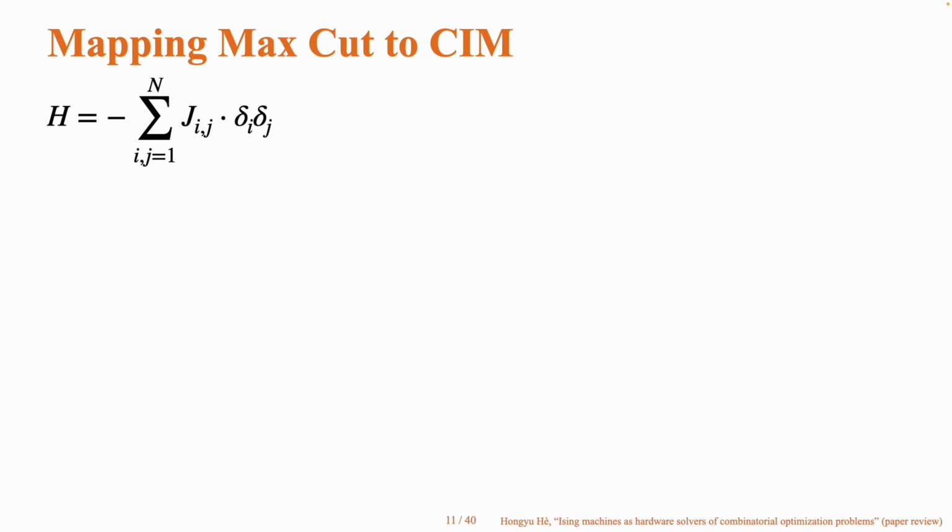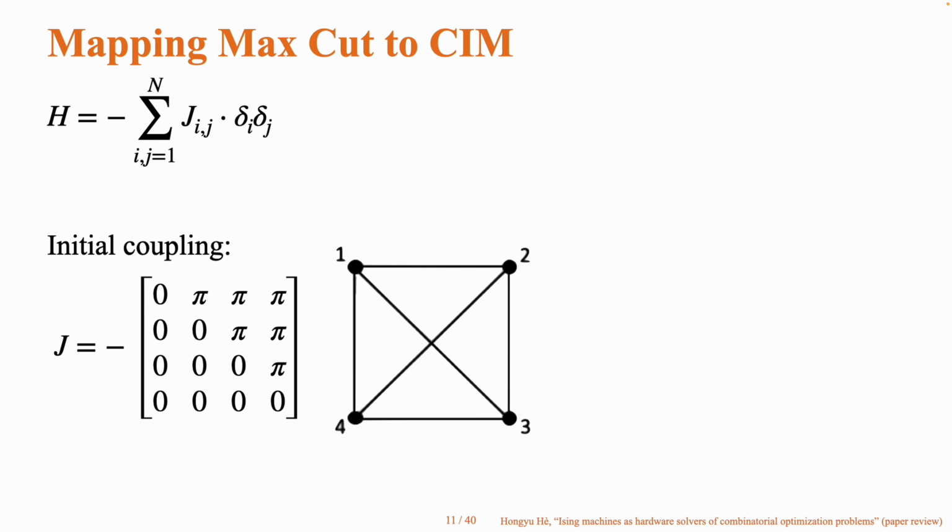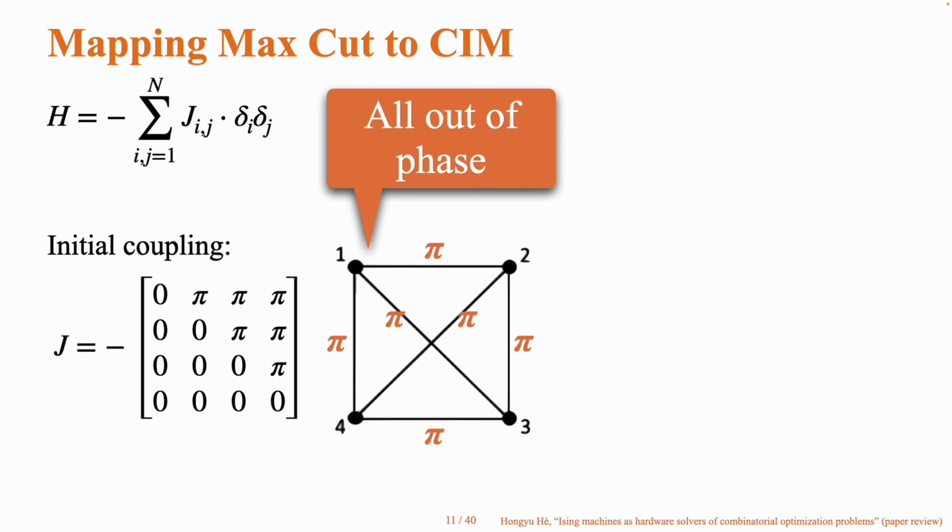In order to map this problem onto the CIM, in this toy example, we have 4 spins, right? And the max cut of this problem is in the middle, where we cut 4 edges instead of 3 or less. And in this case, we can introduce a so-called initial coupling. We have a J matrix, and the initial coupling is basically putting all of them out of phase, so we are putting them at the highest energy level.